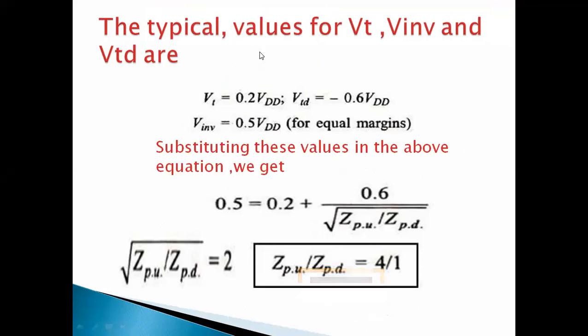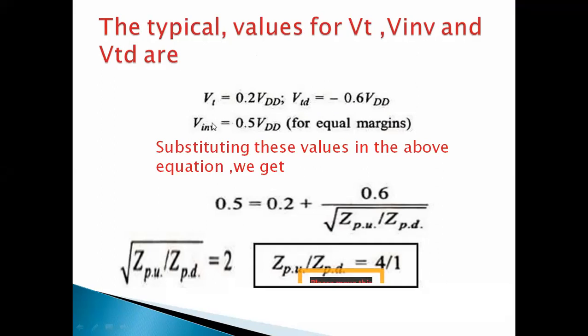It is called typical values. We have to substitute these values, generally as we have considered in the previous examples also. The values for Vt, V inverse and VTD are as follows. For the enhancement mode transistor, the threshold voltage equals 0.2 VDD. For the depletion mode device it is minus 0.6 VDD, a negative value.